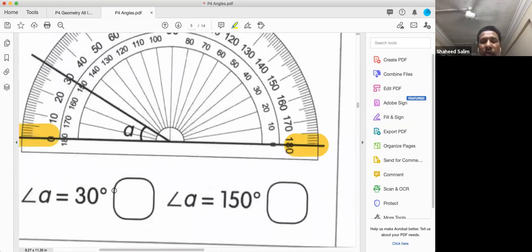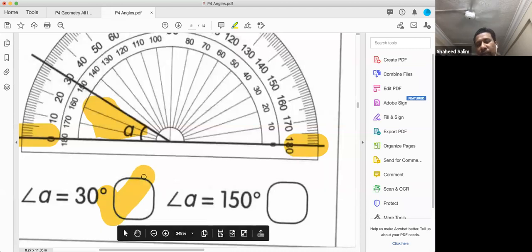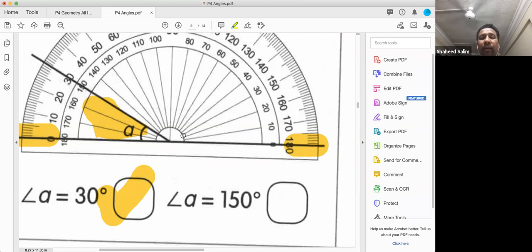Which zero do we use to count this angle? Remember, the angle is here, not down here. So we don't count down here. We start down here. So this is 10, 20, 30. So this is the answer, 30. You don't count from here because there's no angle here. The angle is here. So when the angle is here, you must start from here.